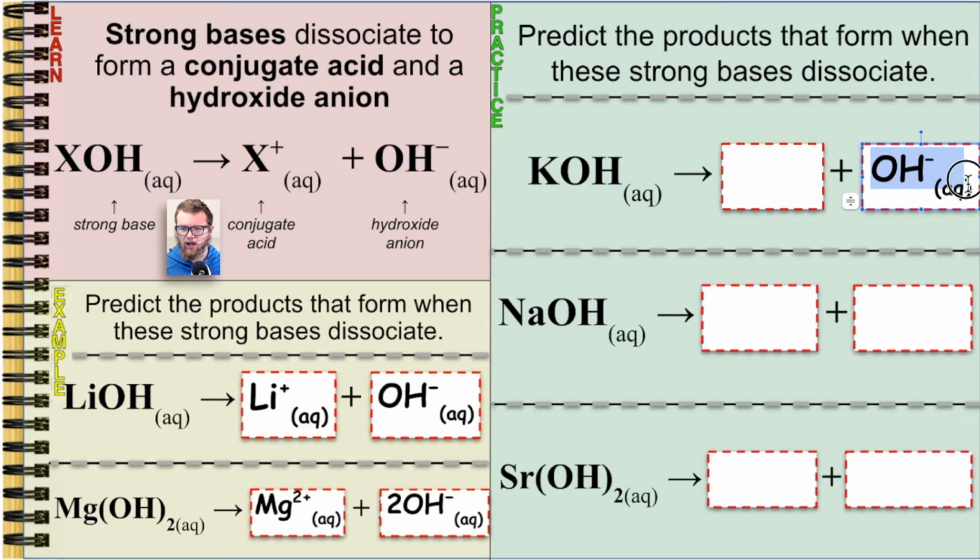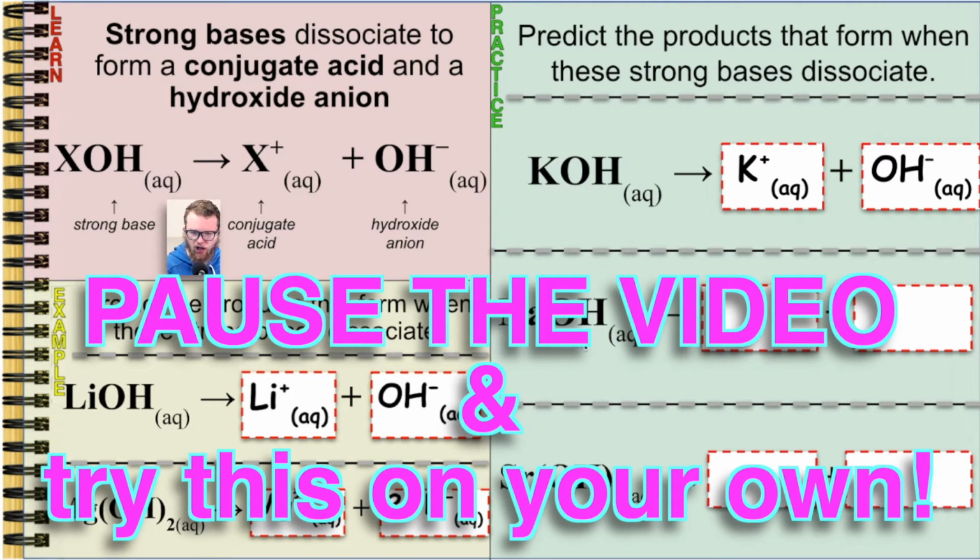And then if the OH minus fell off, all that's going to be left here is our K, and that is going to have a positive charge and is also going to be aqueous. And remember to do subscript and superscript for the charge and state. Okay, pause the video now and do NaOH on your own and SrOH2 on your own. Go ahead.